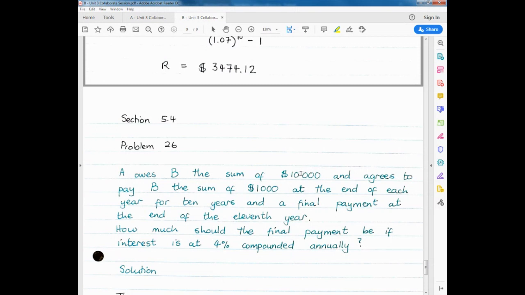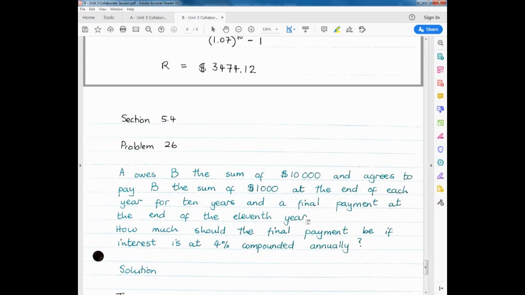Okay, so if you owe me 10,000 and you agree to pay me over 10 years, it's not going to be worth 10,000 anymore. That's why we need to consider these interest rates. Okay, so the story goes to say 1,000 at the end of each year for 10 years and a final payment at the end of the 11th year.